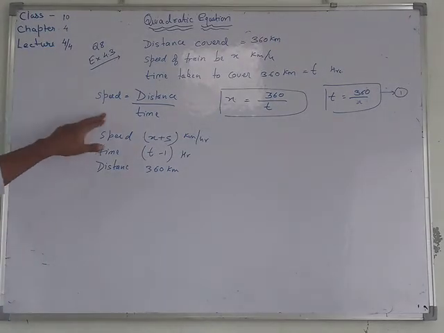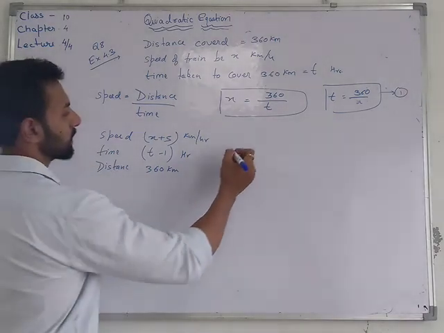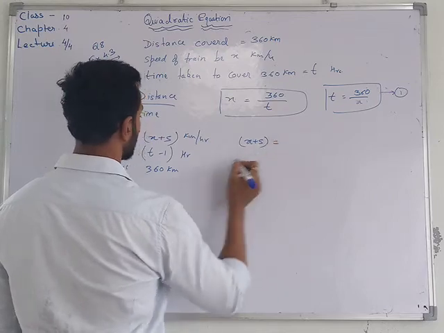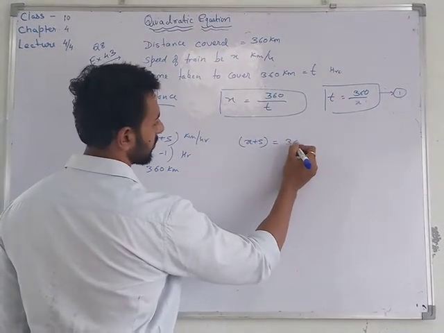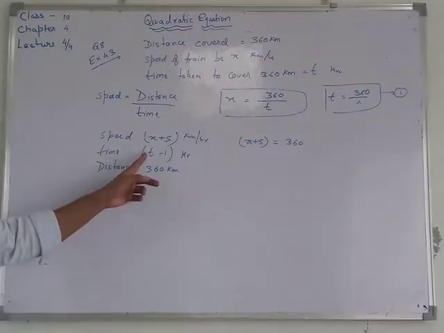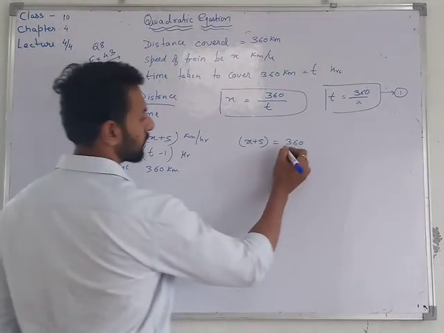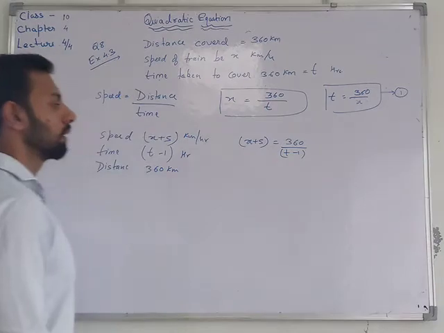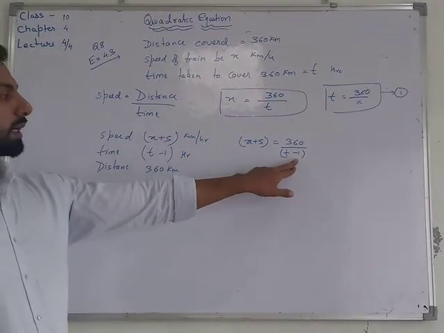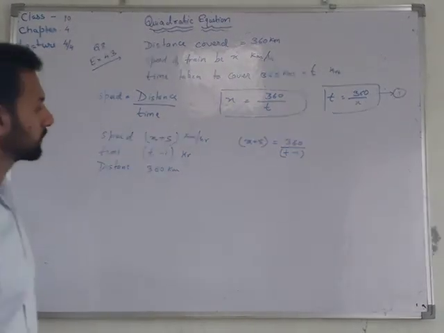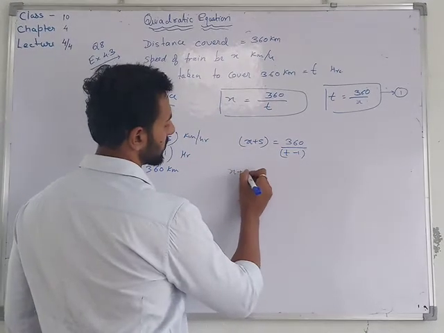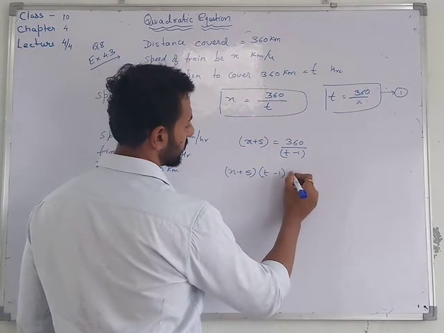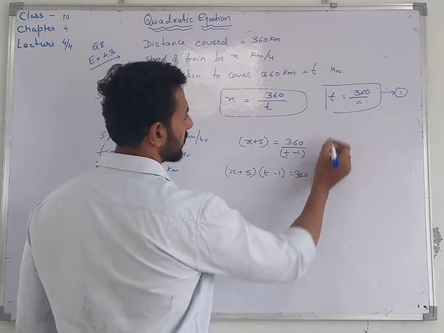Now again writing speed is equal to distance upon time. Speed is x plus 5, distance is 360, time is t minus 1. Taking this t minus 1 in the numerator, x plus 5 into t minus 1 is equal to 360.